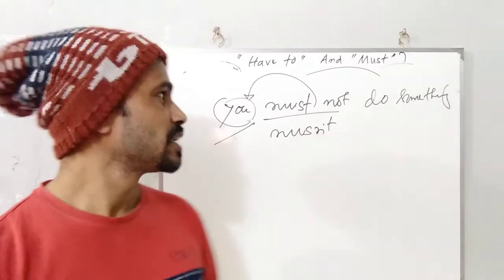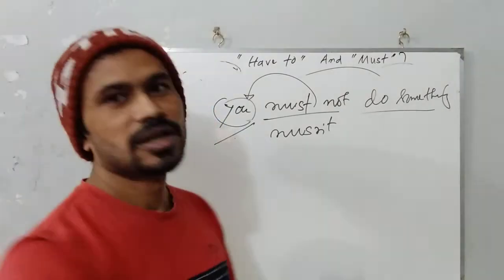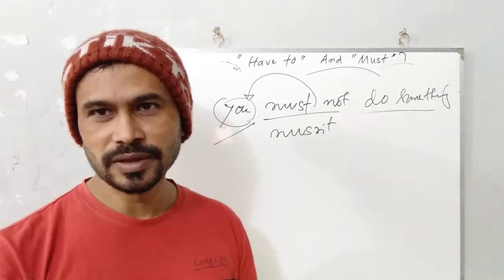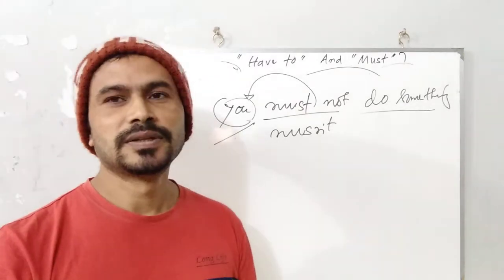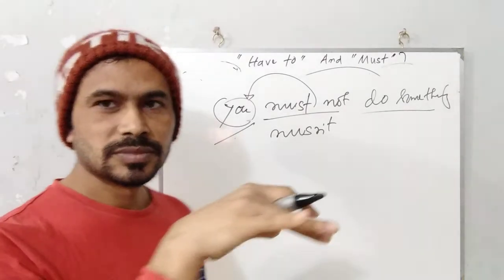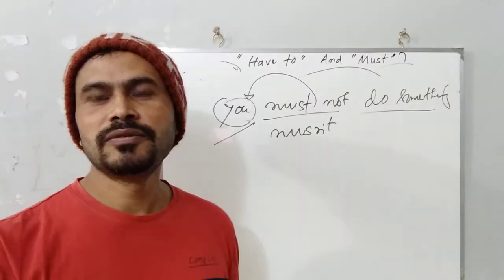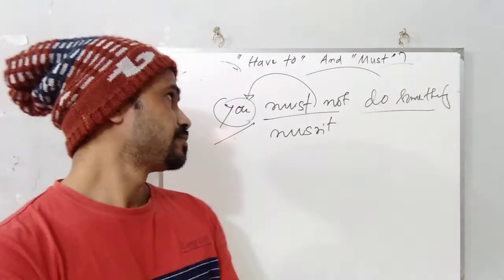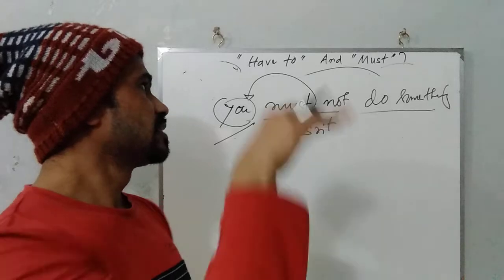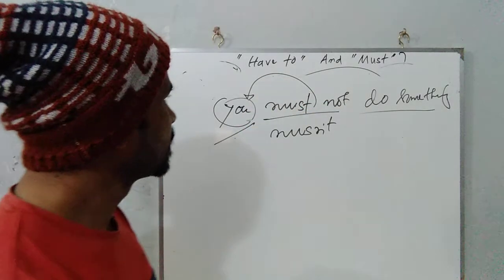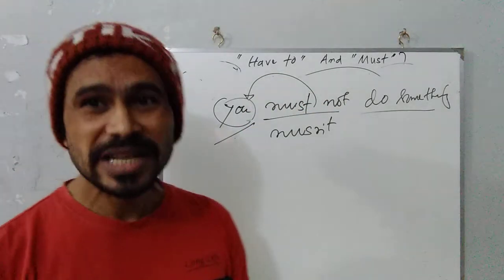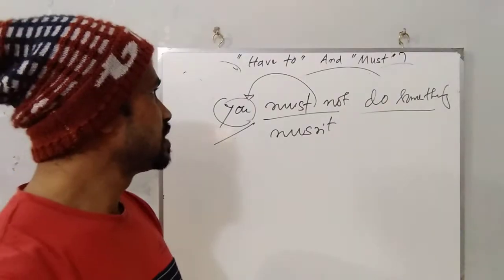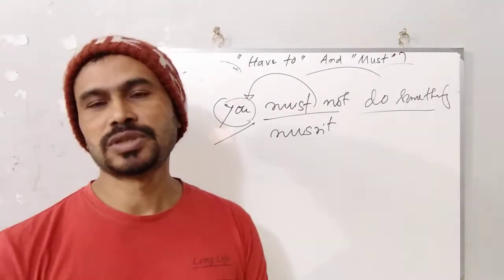You must not do something. So it's not necessary to do something. That means negative subjective obligation. So to express this kind of expression, you can use must or must not.